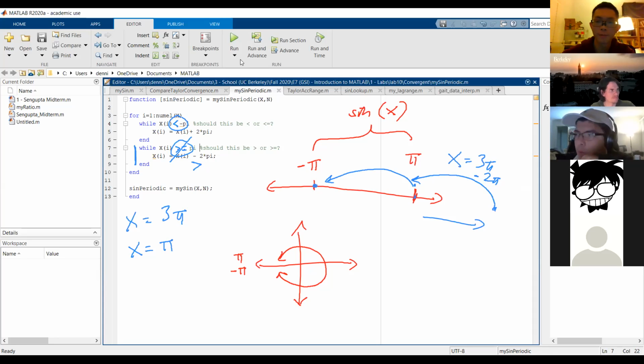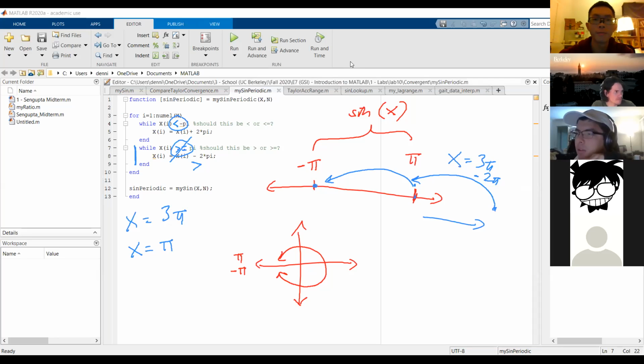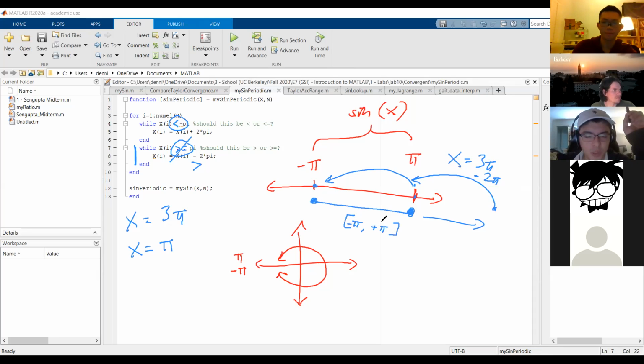If you look at the description for the variable sim periodic, it says value of sine computed at every radian value of x by converting into the range of negative pi through pi inclusively. It includes both of them. So what does this tell us for the transformation we need to do for those two loops?